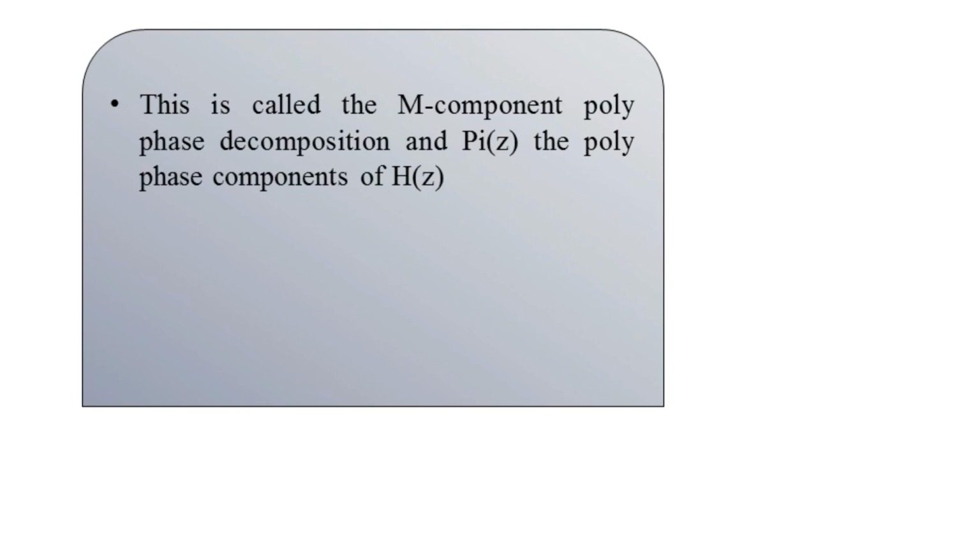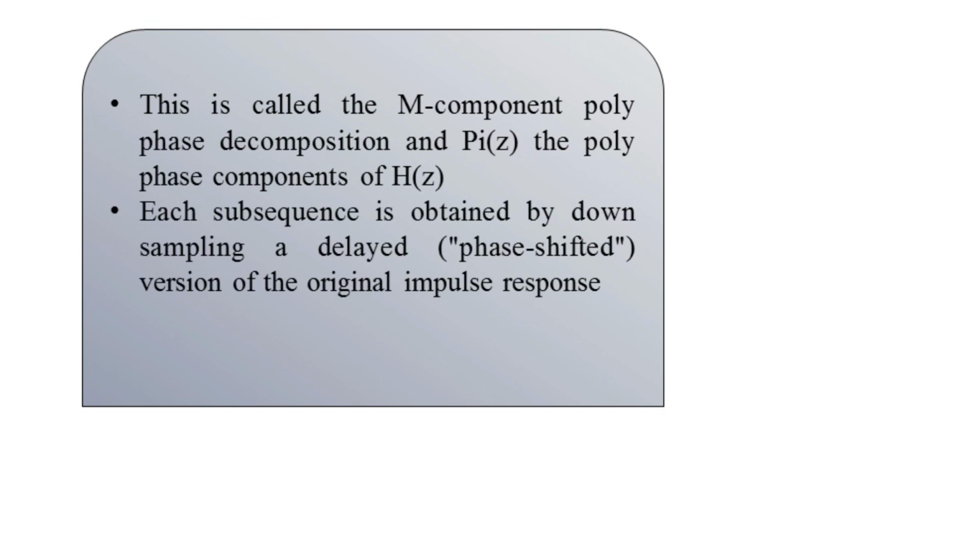So here each subsequence is obtained by downsampling or decimating a delayed, that is a phase shifted, version of the original impulse response. So we show p_i(n) equal to h(nM+i), where i can be any value from 0, 1, 2 and so on up to M-1. So capital M is the decimation integer factor here.